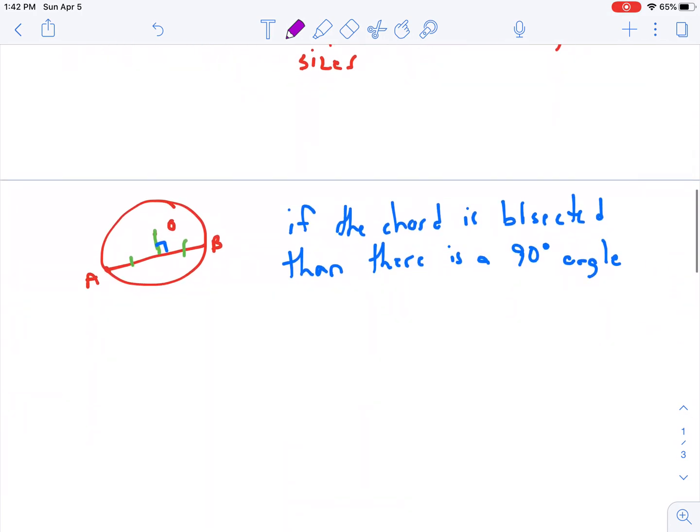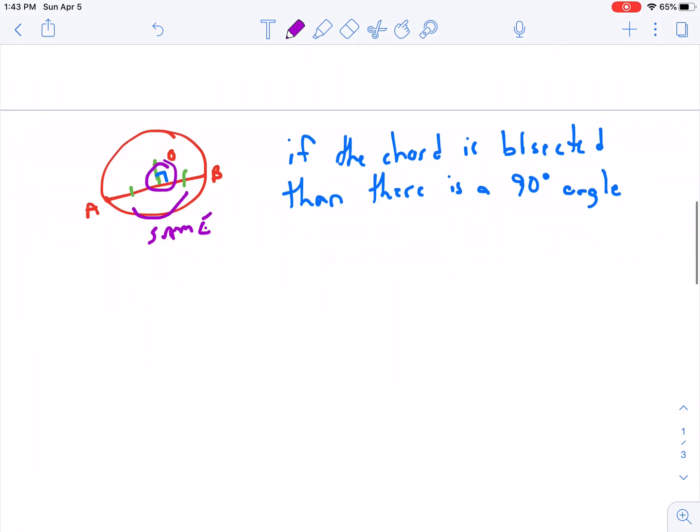Whereas in this scenario, I knew these two lines were the same, and I knew, therefore, that this had to be 90 degrees. So they work opposite to one another. Now, the reason why these ideas are important, in other words, a line passing through the middle, part of my radius, cutting my line into two equal segments, the angle is 90 degrees, or if the line is cut into two equal segments, the angle is 90 degrees, is that it helps me solve questions when I'm getting into scenarios like this.